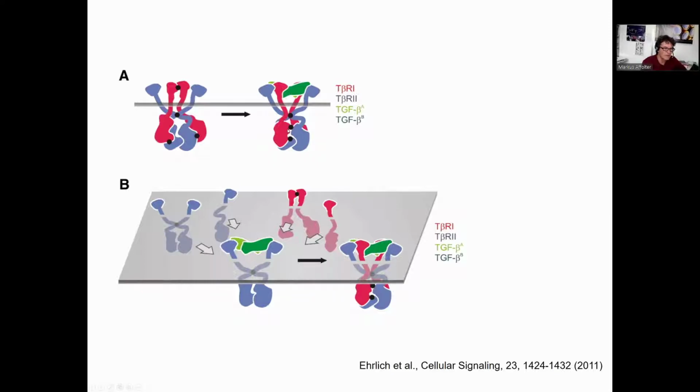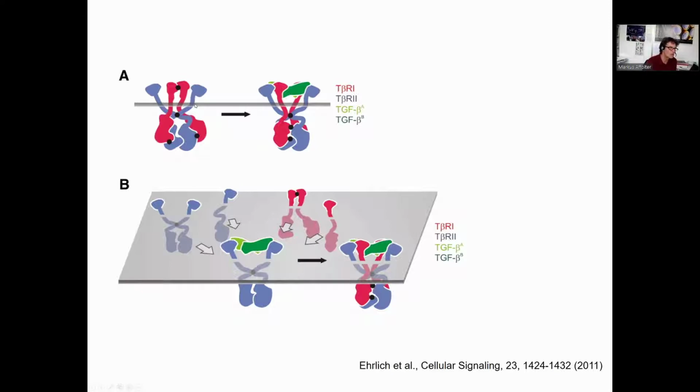These are very simple questions, actually, because we have 1, 2, 3 molecules, some as dimers, so you have maybe 2 ligands, 4 receptors, 6 molecules. It's not so complicated. The complicated thing is that these are transmembrane proteins.